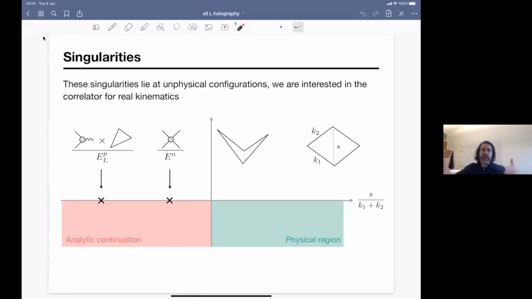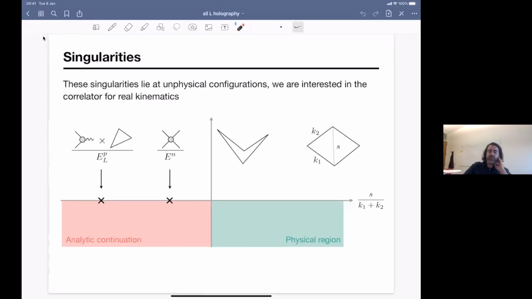I can't actually access, for example, this total energy singularity in a physical process, which is good because it would be a little bit peculiar if you could measure something infinite in real life. But nevertheless, the existence of these singularities at unphysical kinematic locations controls the behavior of the correlator everywhere, even in the physical region.